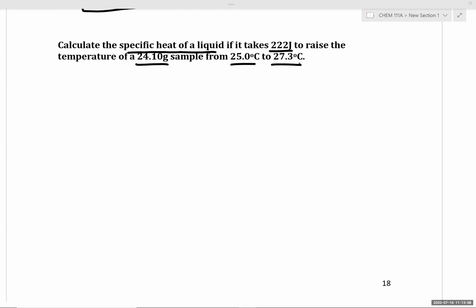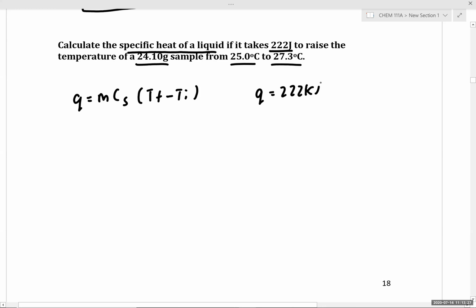Okay, so let's discuss. Using our heat exchange equation, Q is equal to m Cs times T final minus T initial. Substituting, we know that Q is 222 joules, and it's positive. Our mass is 24.10 grams.